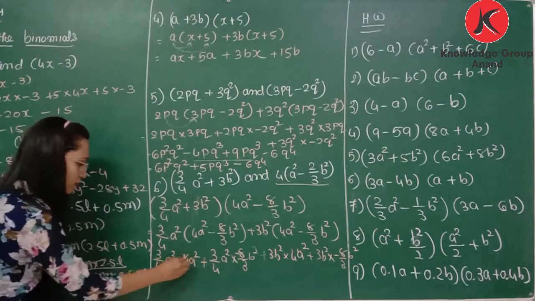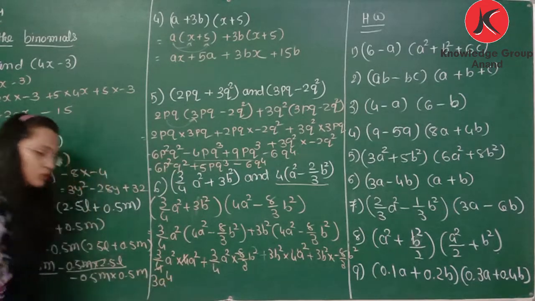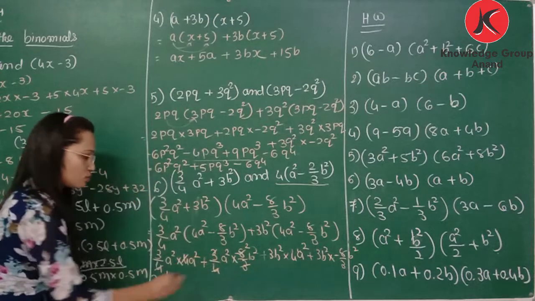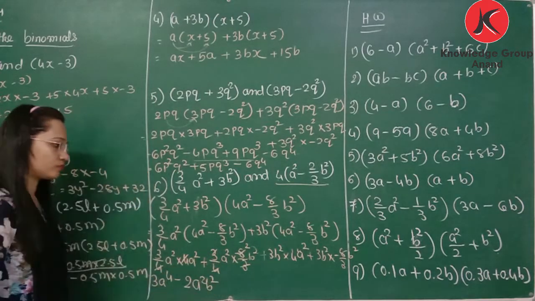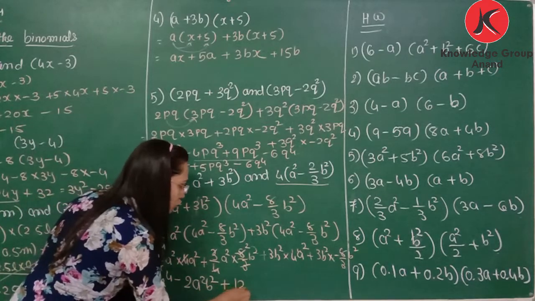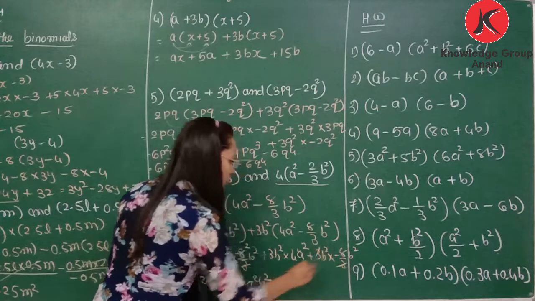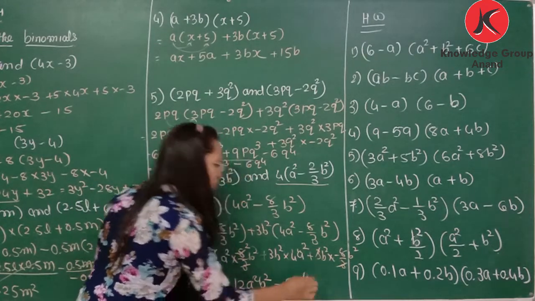Now 4 will be cancelled out in the first multiplication, so it will be 3a raised to 4. You can cancel out 4 2s and 3 cancel, so it is minus 2a square b square plus 12a square b square. Now here 3 will be cancelled out, so it is minus a b raised to 4.